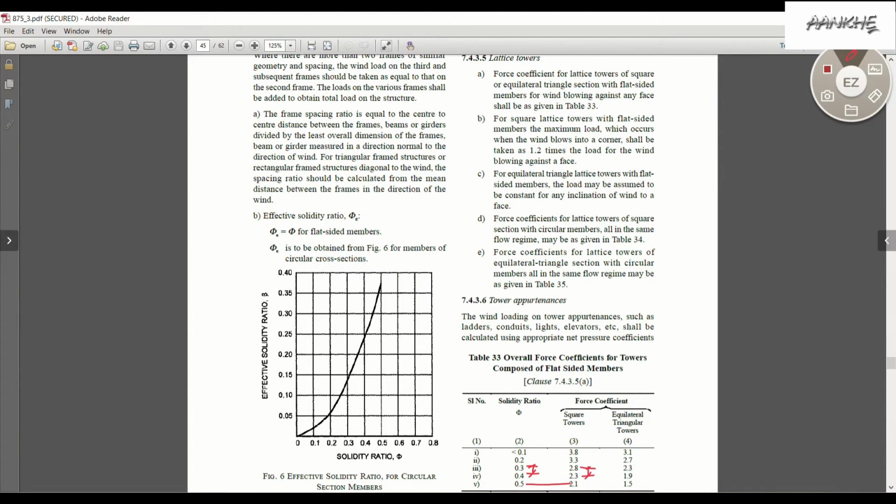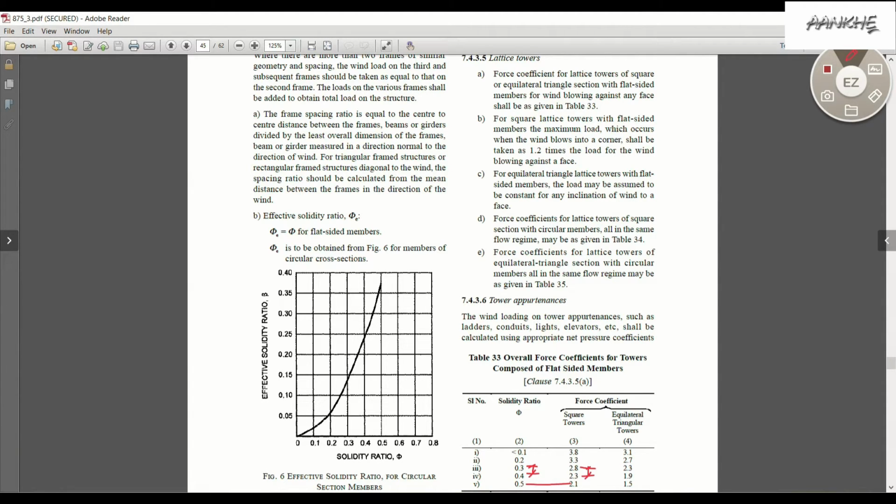So 2.3 to 2.8 it is only 5. So linear interpolation will give a result of approximately 2.6.